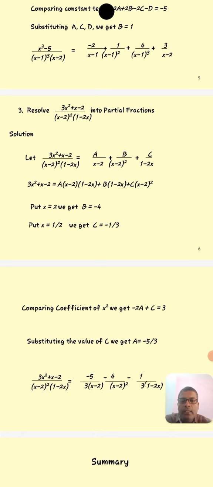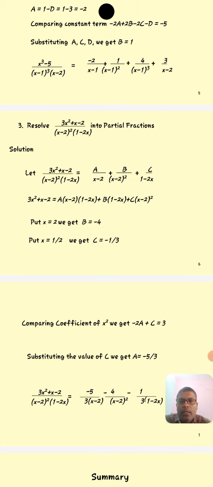Here another factor is also there, that is 1 minus 2x, so we write c by 1 minus 2x. Are you clear? One factor is repeated, the other factor is not repeated. The same way, we write constant values in the partial fraction format: a by x minus 2 plus b by x minus 2 whole square plus c by 1 minus 2x. Okay. Here we can do the LCM part.